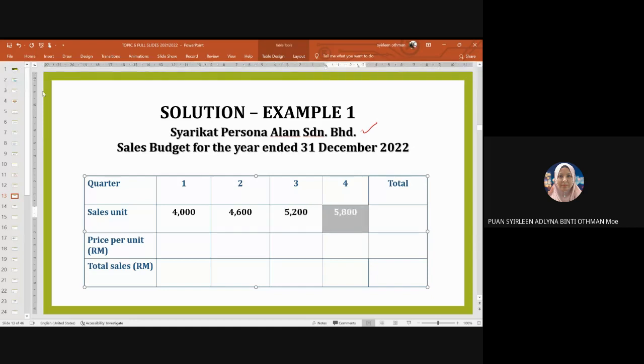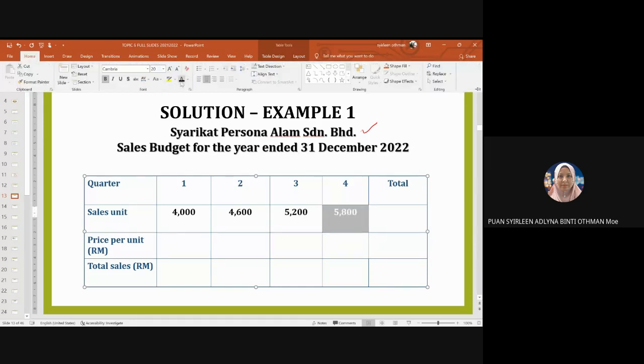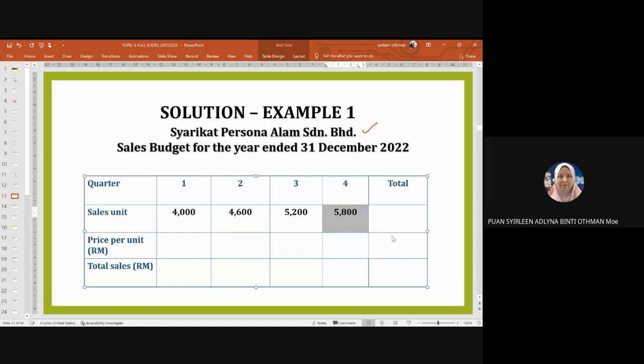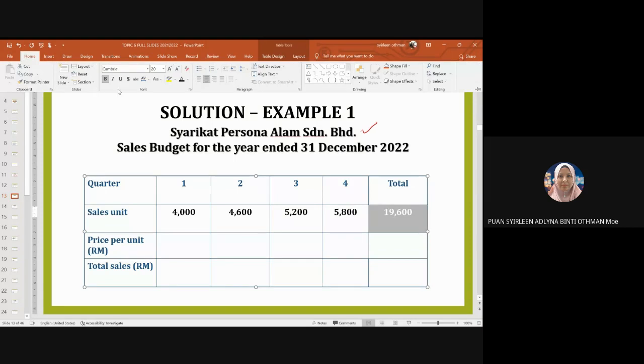Okay, the fourth quarter will be 5,800. All right, so 4,000 plus 4,600 plus 5,200 plus 5,800. The total for the whole year punya sales is 19,600. Okay, so ini your sales unit.